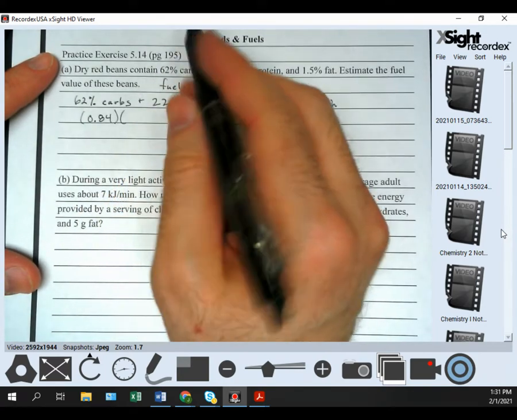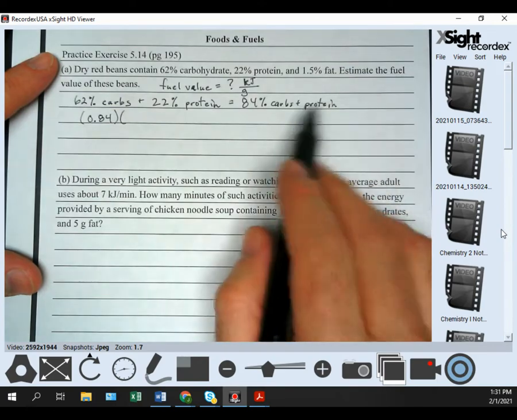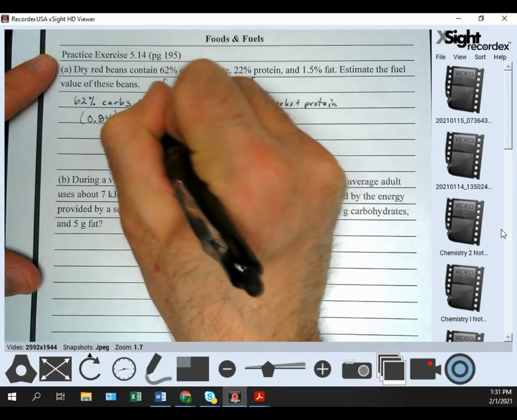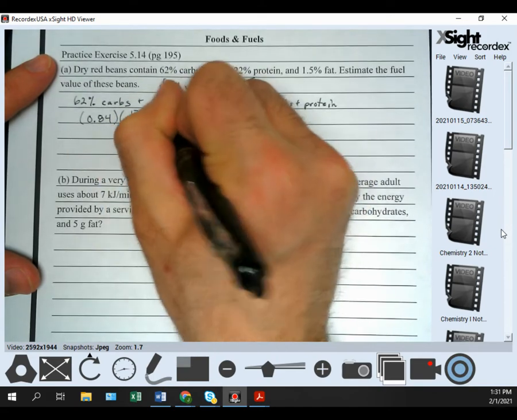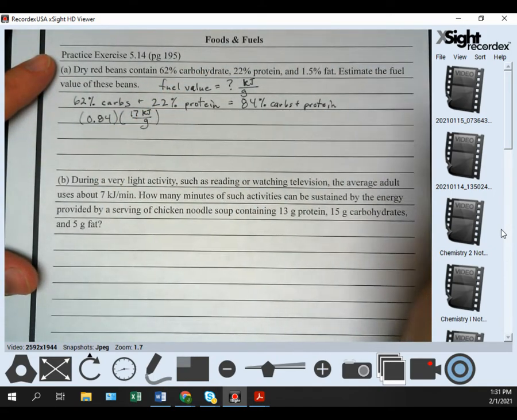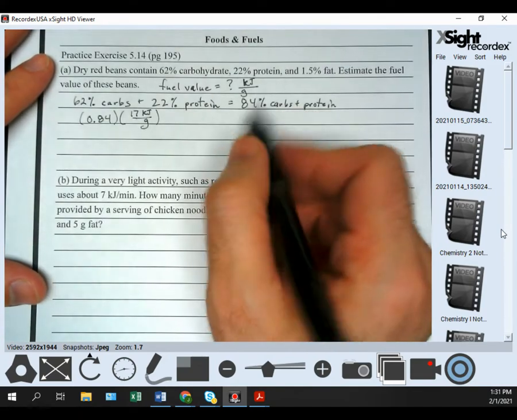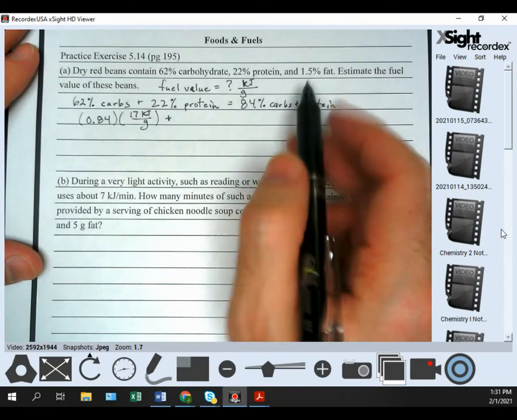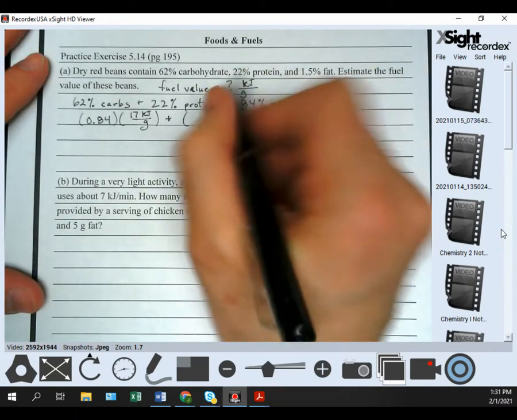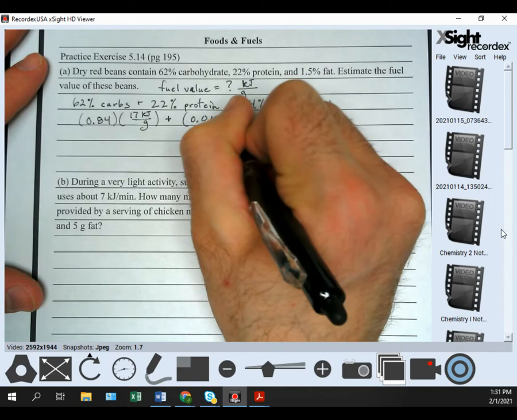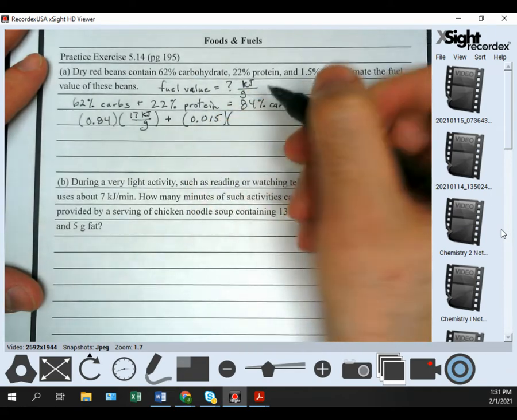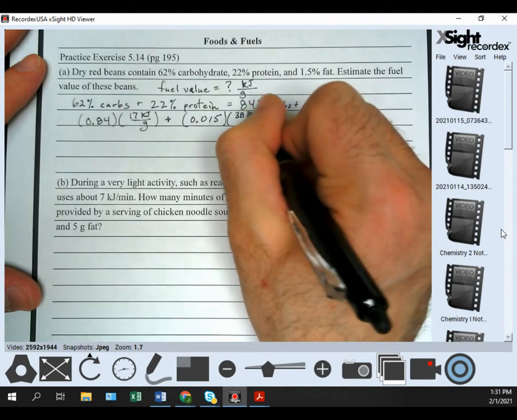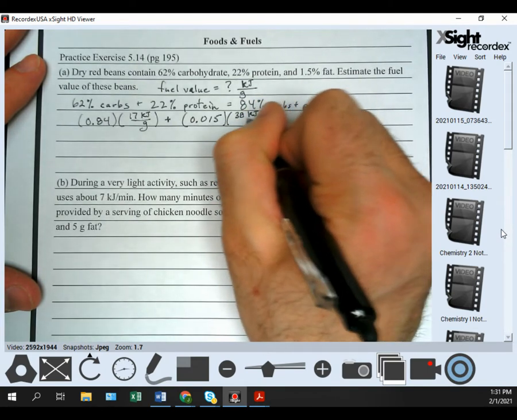Our fuel value for carbs and protein is 17, right? 17 kilojoules per gram. And we're going to add this to the one for fat. Fat is 1.5%, so we turn fat into a decimal, 0.015 times the fuel value for fat, 38 kilojoules per gram, right?